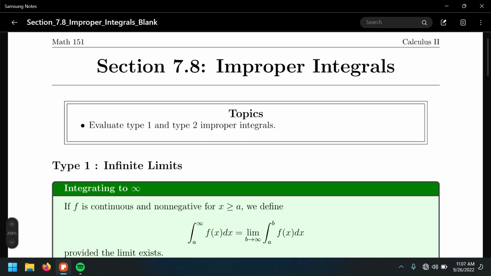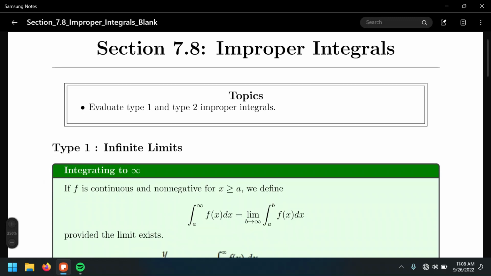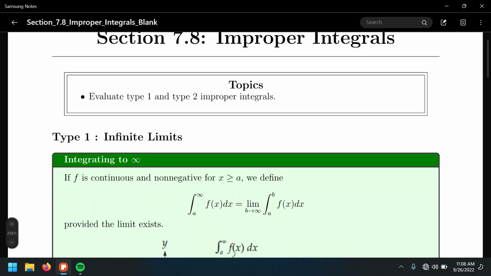In fact, type 1 integrals are subdivided, if you will, into three different cases. We're going to look at examples of each case, but the way we go about notation for improper integrals is going to be slightly different than the way we go about the regular integrals.